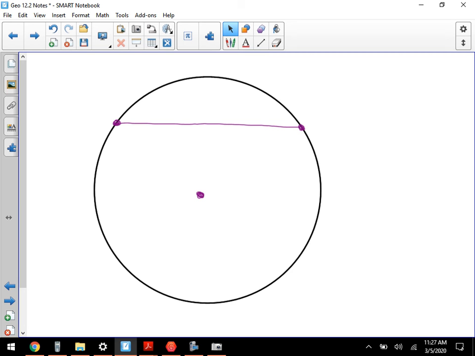Okay. Now, let me ask you this. What is always going to be the longest segment you can draw inside of a circle? Diameter, right? So, if I look at this piece here and try to figure out where my diameter might go, it looks a little off. That's better, right?